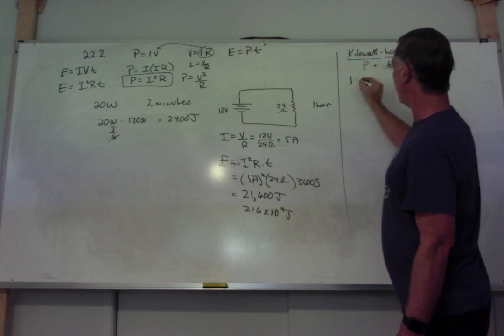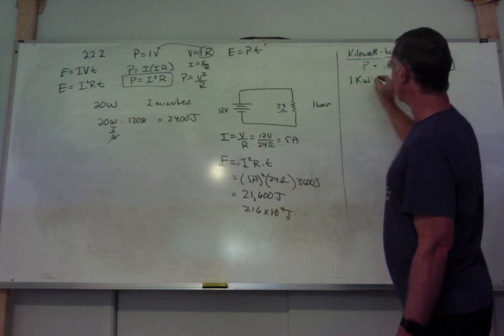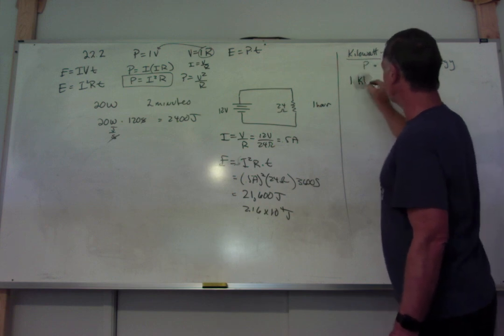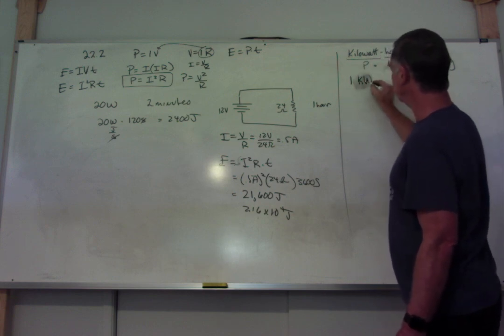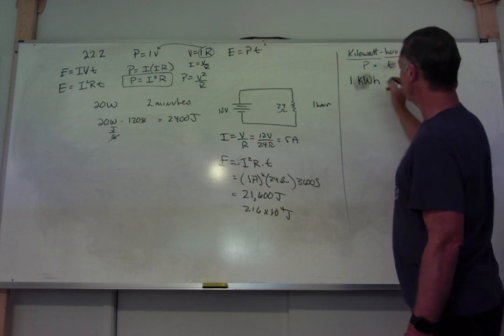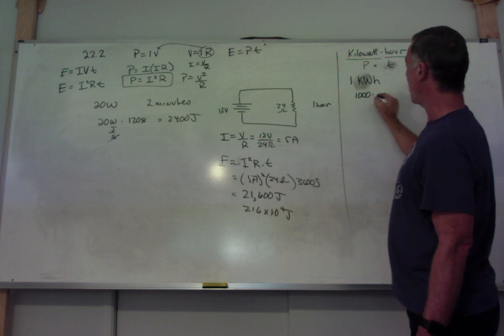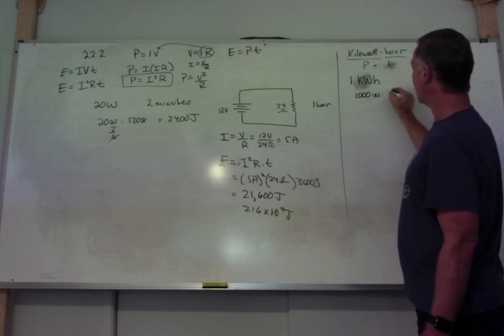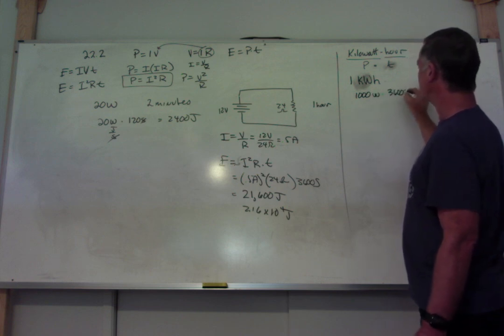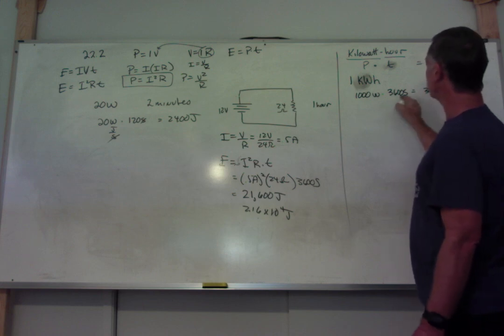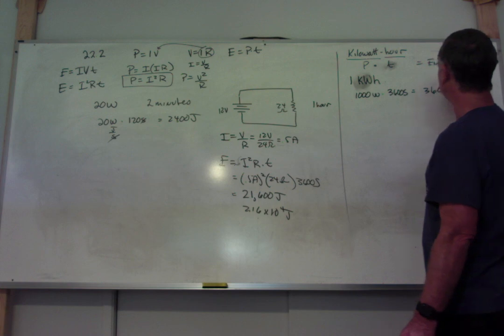By the way, the unit looks like this: lowercase k, capital W, lowercase h. 1 kilowatt hour would be 1,000 watts times 1 hour, which is 3,600 seconds. And that would be 3, 6, 1, 2, 3, 4, 5.